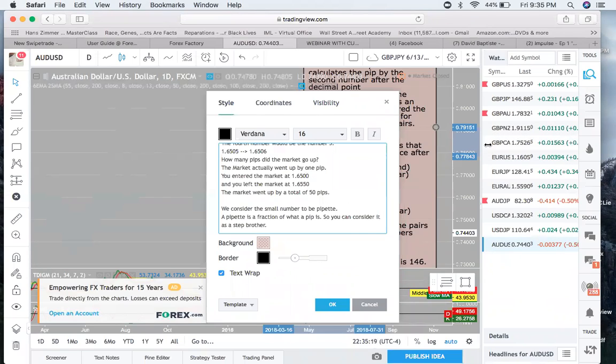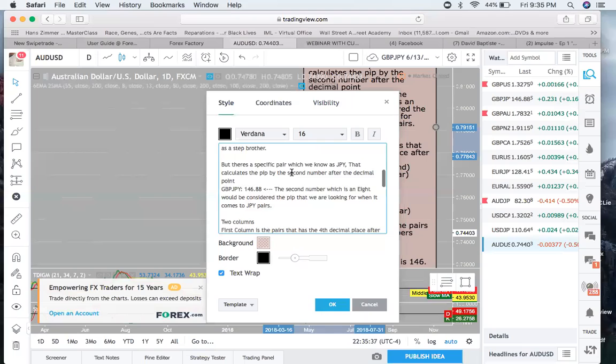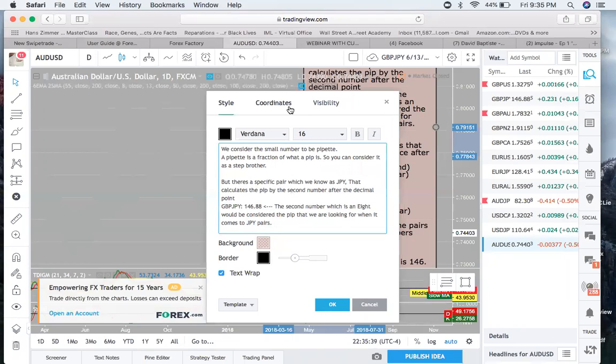Some people consider it like a step sibling, a step brother or sister. The reason for that is because certain siblings try to avoid one another. So we don't really calculate the pipette when it comes to calculating how many pips the market went up or went down by, right?